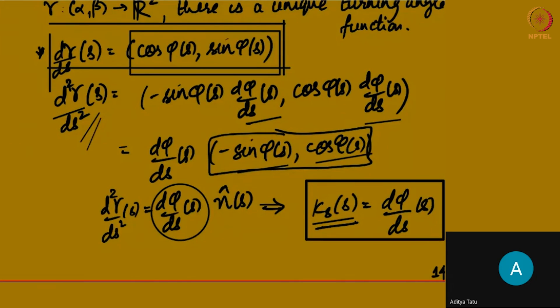So going at the same speed, the more curved the road is, the more you will have to keep on turning your steering wheel. So the rate of change of your steering wheel motion is directly your signed curvature. If you have to turn your steering wheel in one direction, curvature will have a particular sign. If you have to turn the steering wheel on the other side, the sign will change.